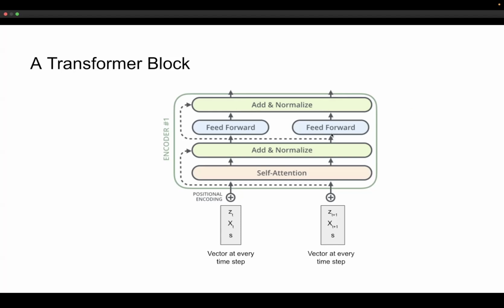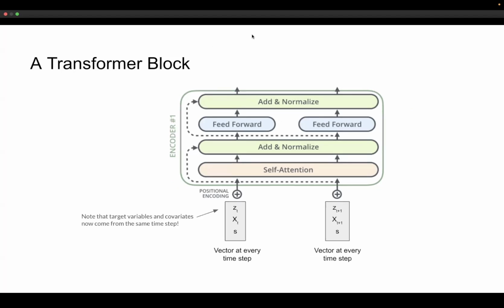We can stack several of those transformer blocks to get the transformer model. Each token is very similar to DPAR. We can just represent it as the time covariates, the target feature, as well as the static variables.